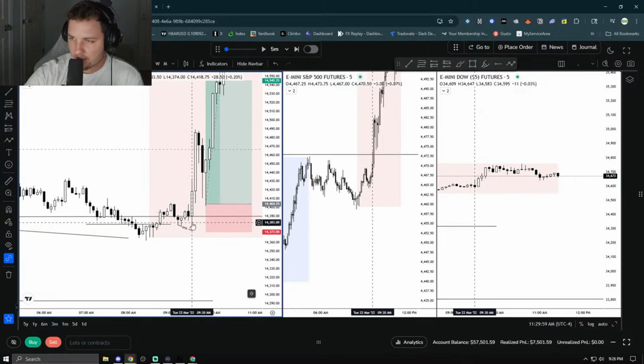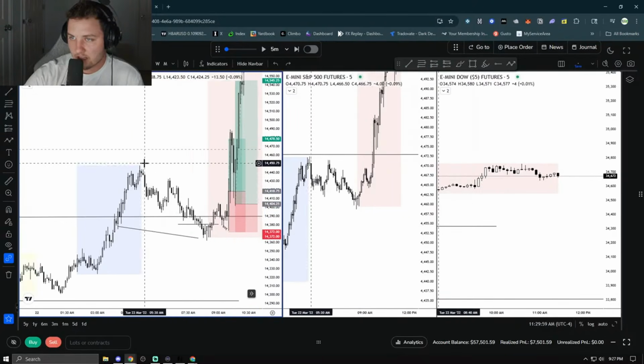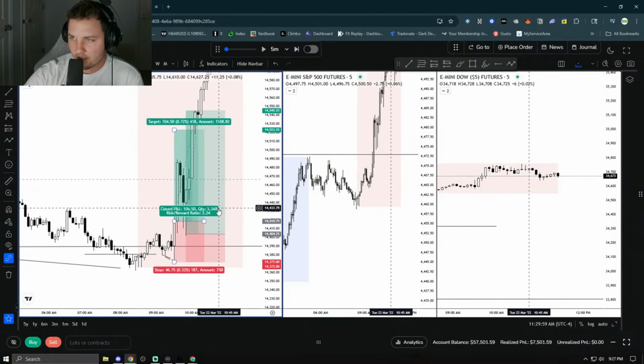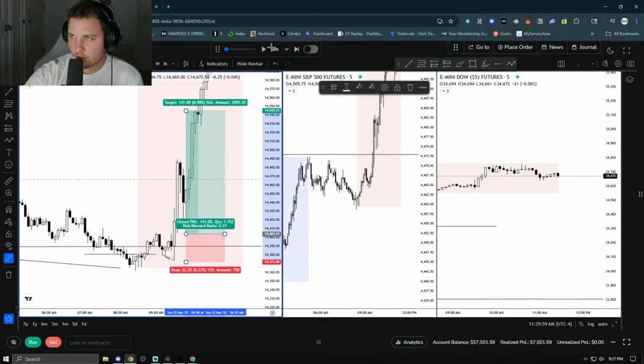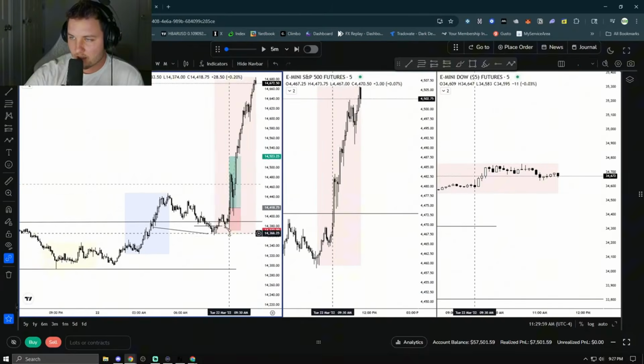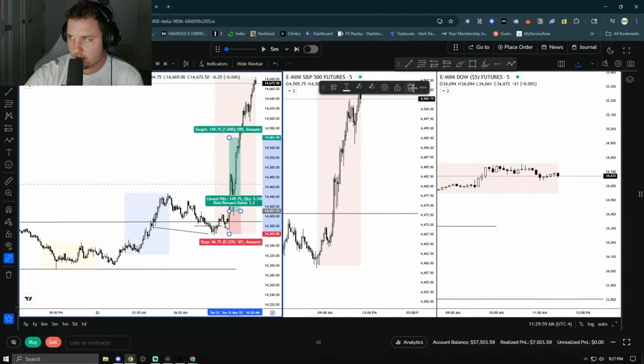I guess technically, as soon as this closes here, you can market enter right here. It didn't take out the high. Now, yeah, it depends. Like, if you went break even because it took out the high, but if you're bullish to begin with, I'm sure some people would actually hold this.